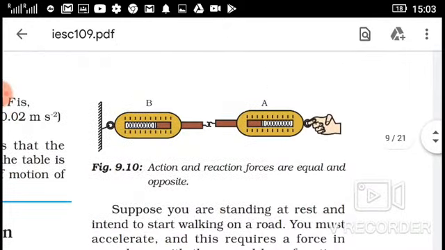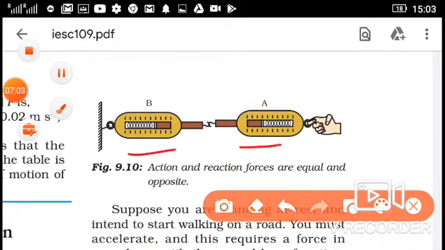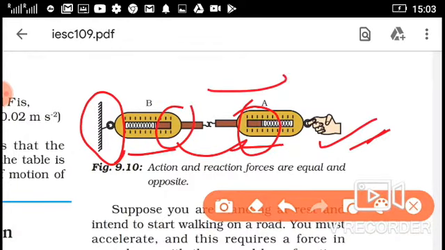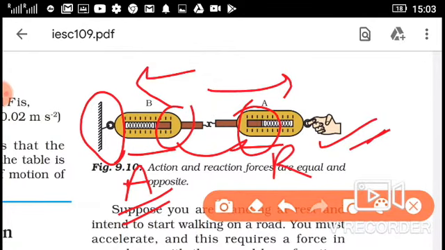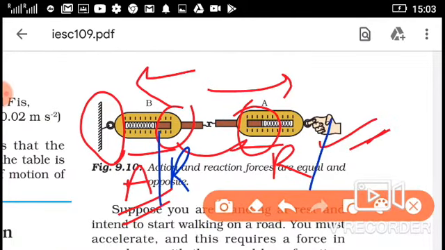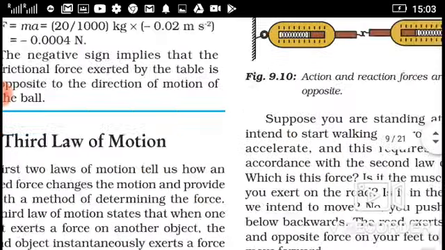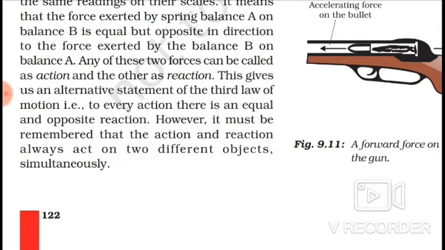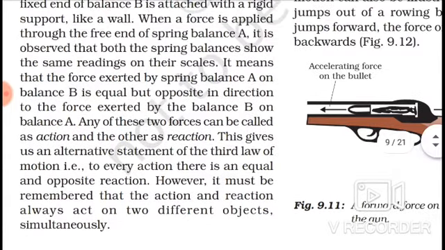In these two spring balances attached to each other, one end of spring balance B is attached to the wall and its free end is attached to spring balance A. When you pull the spring balance, you observe that both forces are equal but in opposite direction. You can call it the action force and reaction force, or the reverse. It's your choice. This is the third law of motion. Okay, that is clear. However, this gives an alternative statement. This is clear?